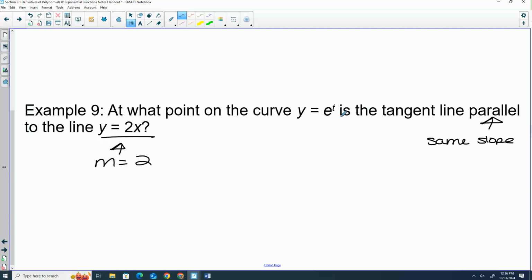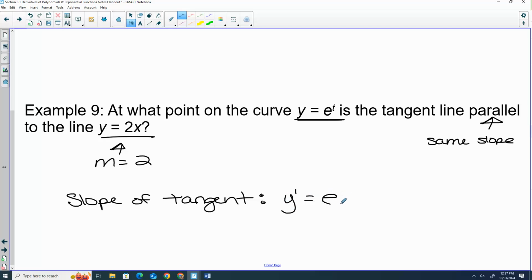So I want to know when this tangent line would have a slope of 2. How do you find the slope of the tangent line? Do the derivative. The slope of the tangent line is just your derivative. The derivative of e to the t is e to the t. So I'm just asking, when does the derivative equal 2?